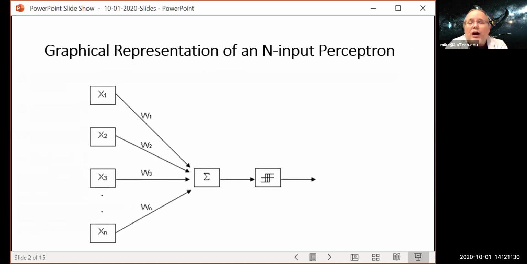Or if you're thinking about it as writing a program, what variables would you need? Well, you would need a variable for each weight, or you could think of it as a single weight vector. So you need that, and you need the threshold value, that little theta that we talked about.